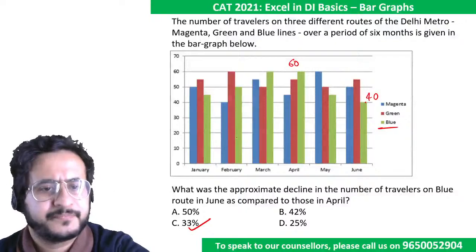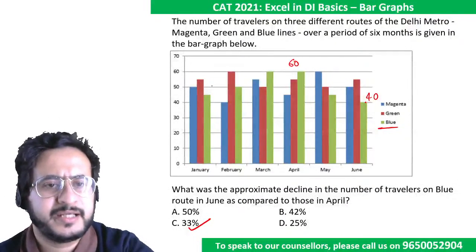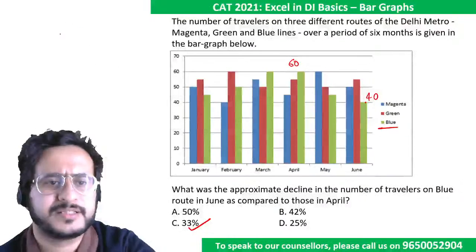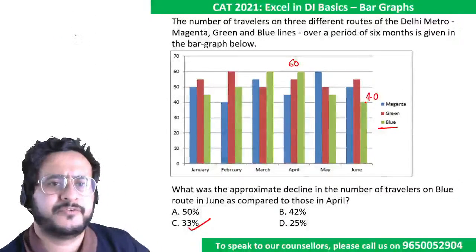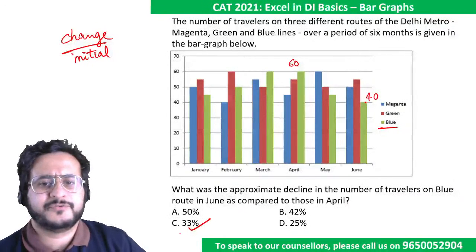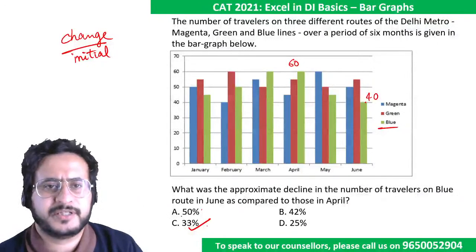So there's a 33% decline, right? A decline, you always compare with respect to the initial value. If you are asked the decline or rise, you have to compare the change upon the initial value, right? So always remember whenever you are asked such a question, some people get confused whether it could be 50% or 33%.